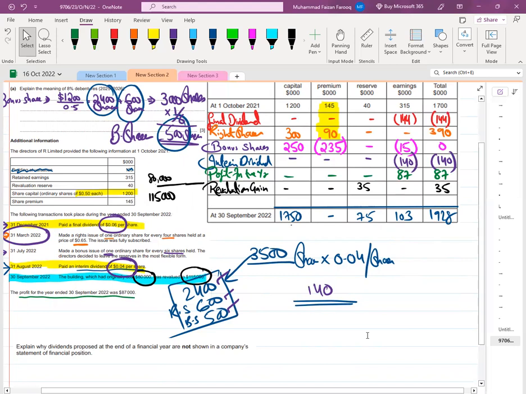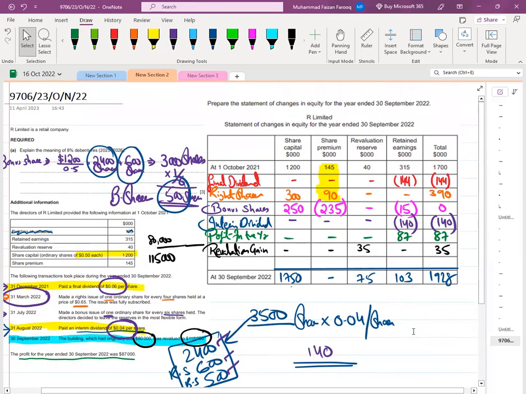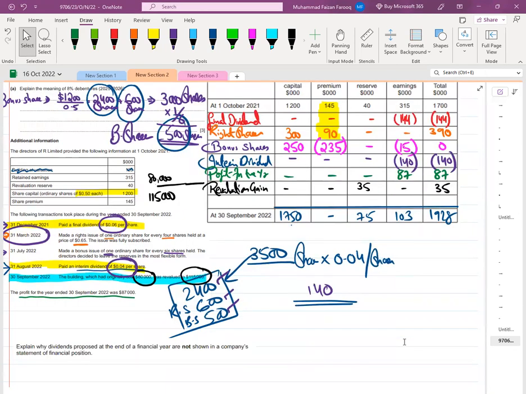An announcement can never be shown in the books of accounts. Correct? Remember that? Yeah, correct. So our proposed dividend should be shown as a note to accounts, but cannot be shown as an expense, cannot be shown as a liability, cannot be shown as a reduction of equity because it is still not approved, because it is still not yet been paid.